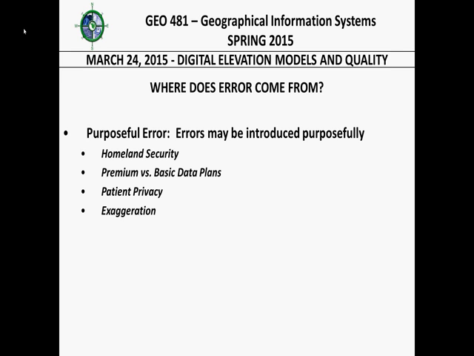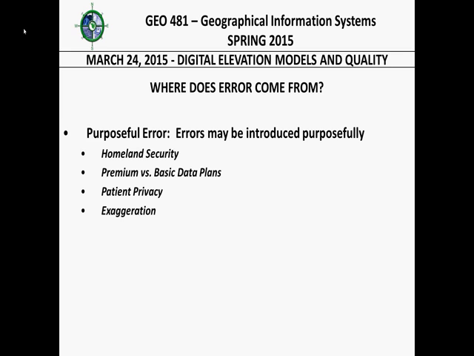Homeland Security, up until a few years ago, many of the GPS services that we all use that were first started by the U.S. military, and they would actually purposely distort the data because they didn't want people to use very accurate readings. It was President Clinton in 1999 or 2000, just before he left office, did away with that policy, and that caused the explosion in consumer-grade GPS products because now they could be more accurate.